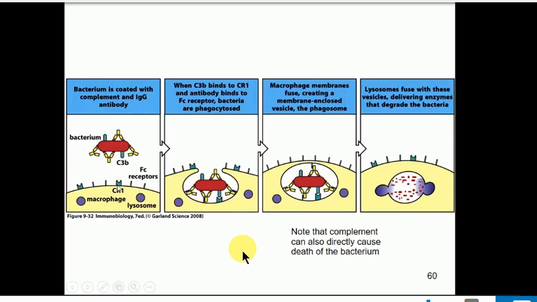This is a macrophage, so once the organism which has got those antibodies and the complement stuck to it is bound, it becomes endocytosed, produces the phagosome, and that then fuses with the lysosomes, as we've discussed already, and the invading bacterium is broken down. So the advantage of this sort of process is that you actually remove the toxin or the virus or the bacterium from the body, so there's no chance of it causing reinfection anywhere else.